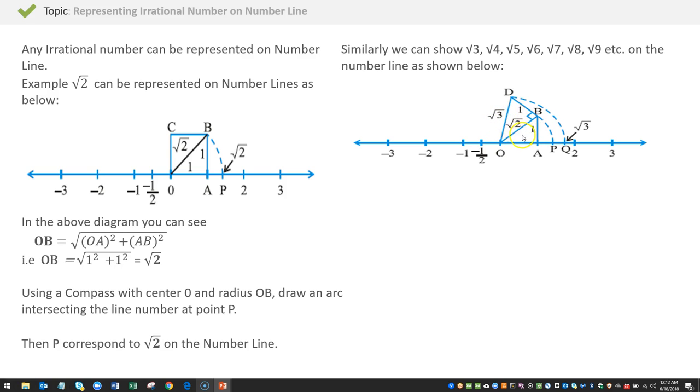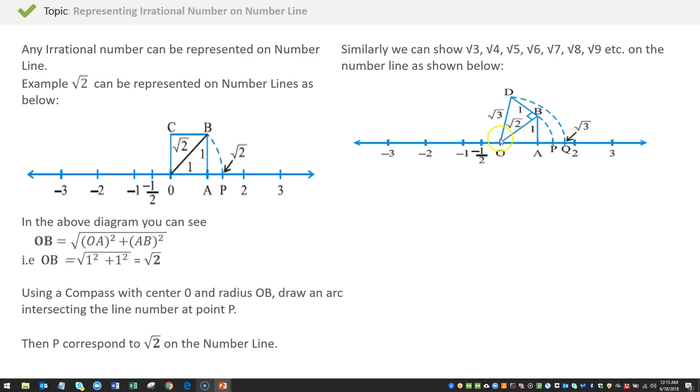Right? Because we know OB square plus BD square will give you OD square. So now take your compass, put it on O and D and draw an arc and see where it is intersecting your number line. That gives you square root of 3.